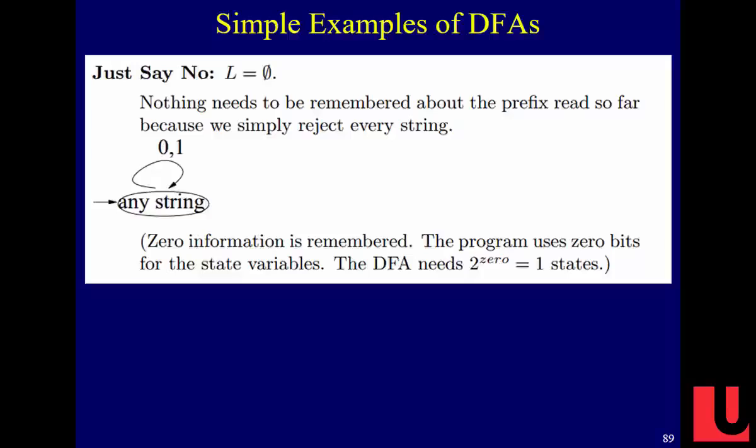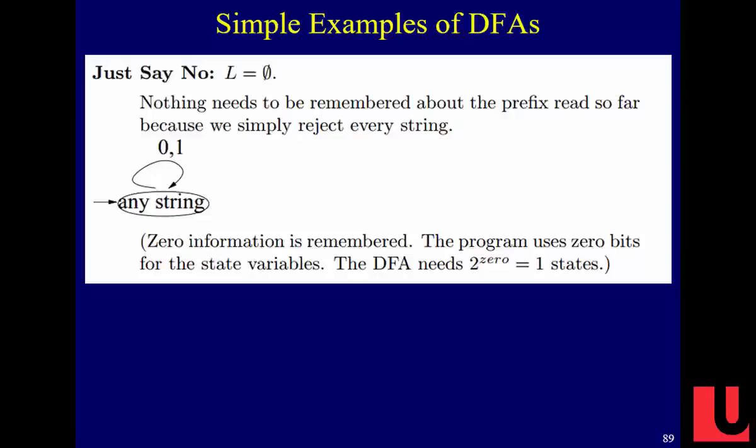Remember I said, if you want to remember R bits of information, suppose I want to remember 3 bits of information, then I need 2 to the R states. Well, here, 2 to the R equals 1. I only have 1 state. So what's R? R is 0, because I'm remembering 0 things.